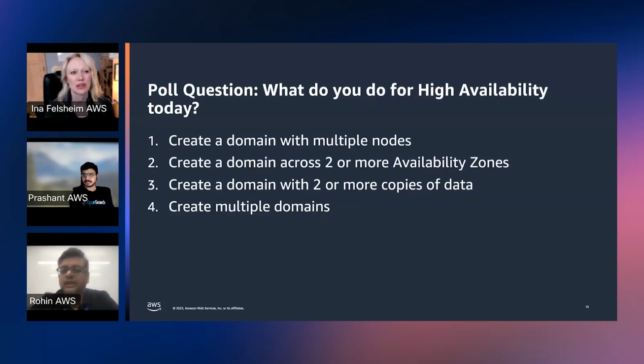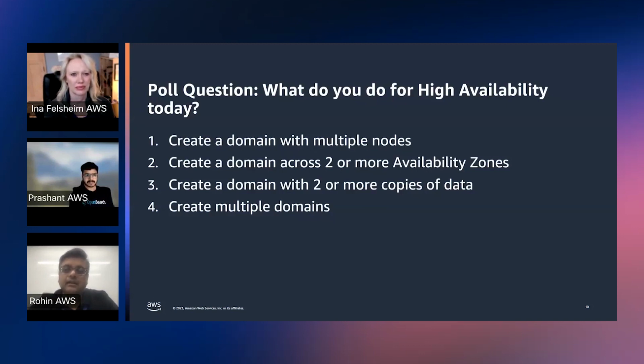Rohan, did that number surprise you, that only 20 to 30% are using that many availability zones now? It was certainly eye-opening, because what you expect is people are running critical workloads on the service, right? They are front and center of their applications. Let's say an e-commerce giant is using OpenSearch as the search engine for its website, but it is not configured for 2AZ or 3AZ.